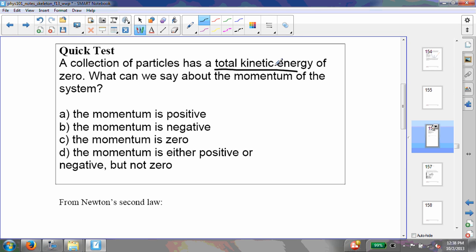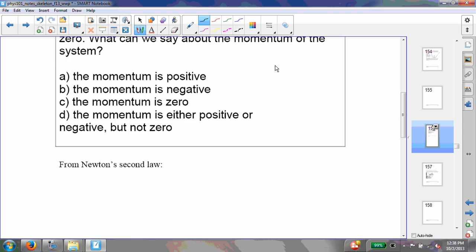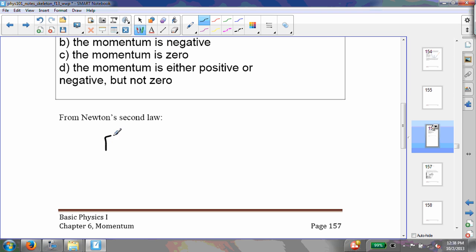Now, from Newton's second law, we can say that F equals ma. We know F equals m times a, the mass times the acceleration. And we also know from our discussion on kinematics that the acceleration is equal to change in v over change in t, or change in velocity over our change in time. That is the very definition of acceleration.